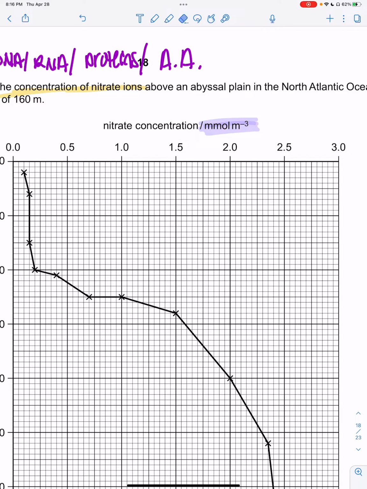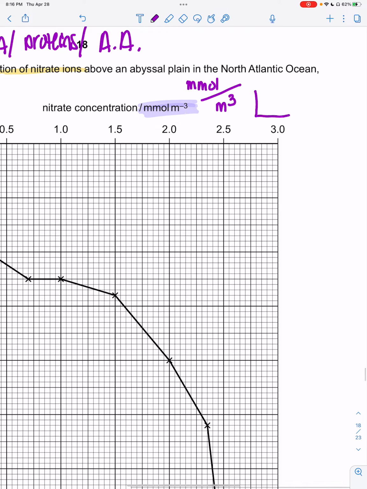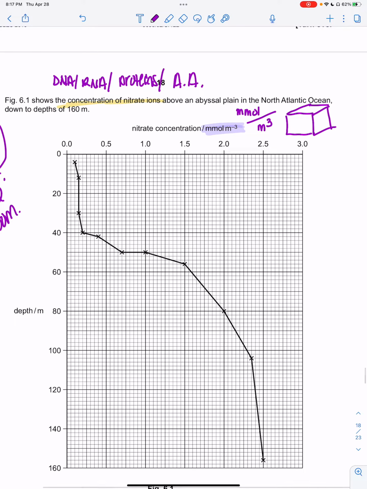And it's to the cubic meter. So like in an entire meter, right? Assuming this box is a meter, like 3 feet, they're saying within this box, this is the amount of nitrate essentially that's dissolved in the liquid.